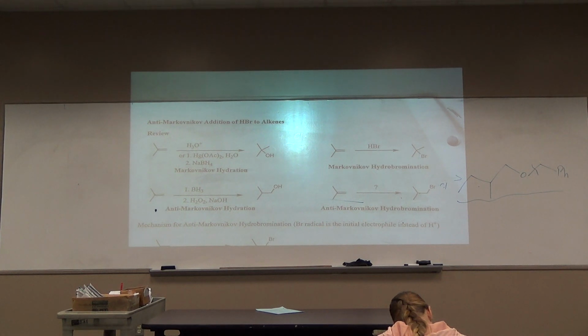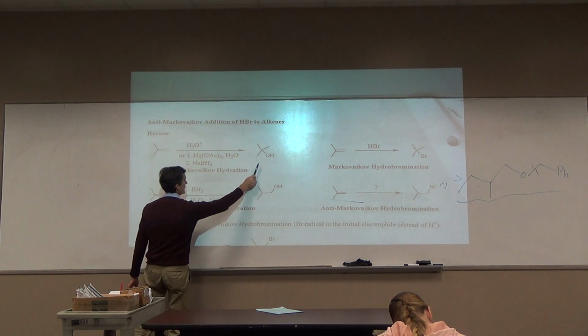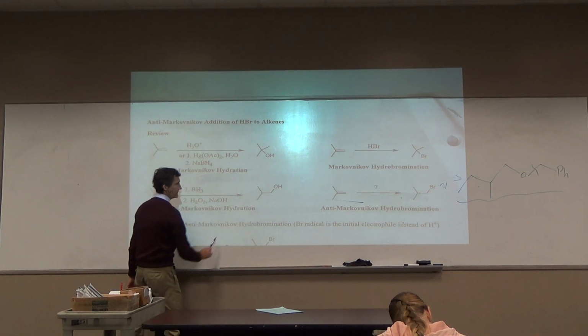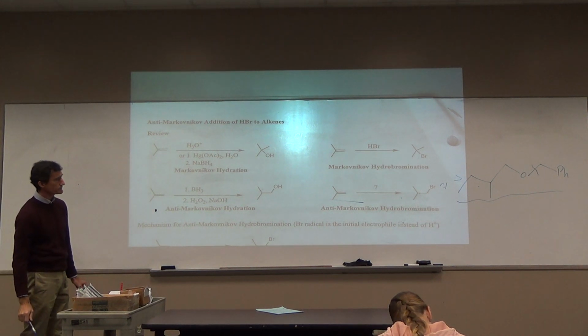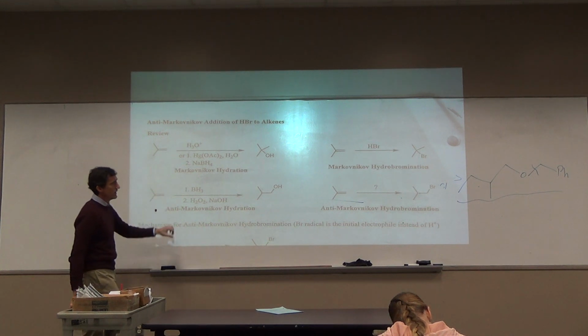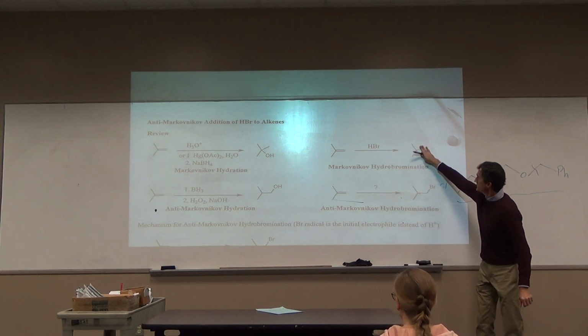Okay. Of course, review. We can hydrate an alkene, Markovnikov, or anti-Markovnikov, right? We just did a little review of that 10 minutes ago. But what about HBr? If we react the alkene with HBr, we're going to get this product, right?